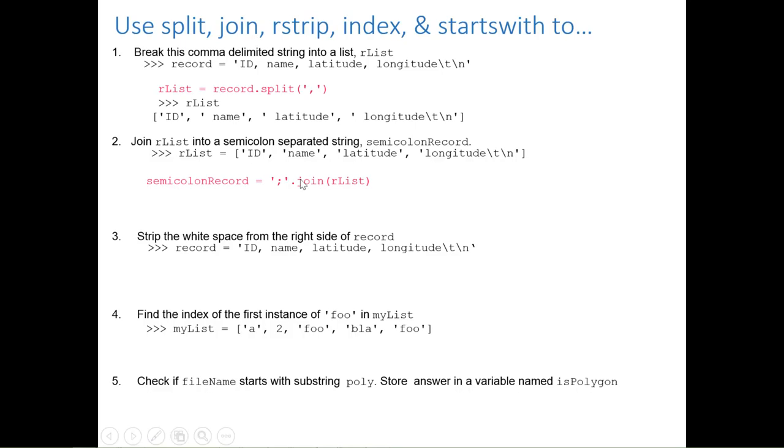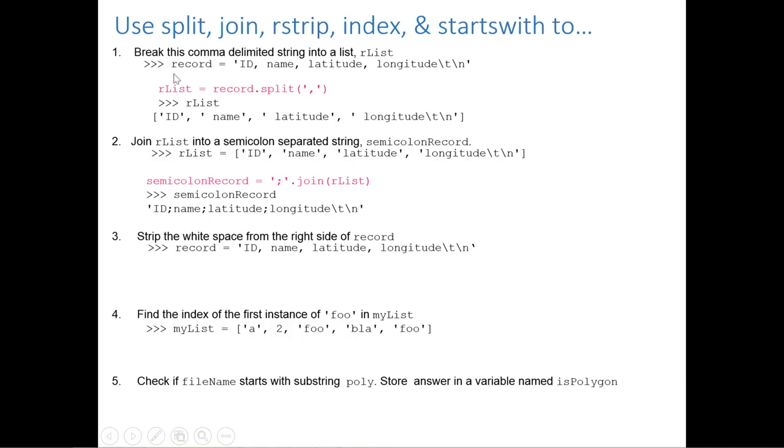And the argument that you use, you pass in the list that you want to join. We'll use an assignment statement, so we have semicolon record equals, and when we print that out, it looks like this. So it inserted the semicolon between the elements of the list and made it into a string.